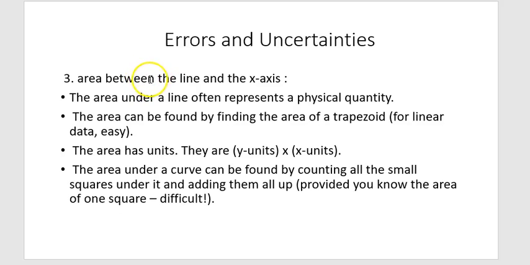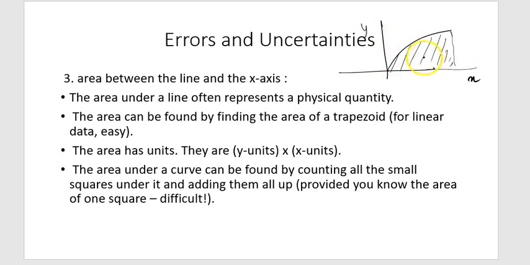Another thing that most people have problems with is the area. The area under the graph, like say if I have a graph like this, this shaded region represents the area under the graph.